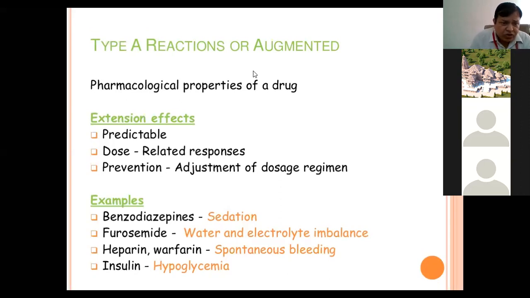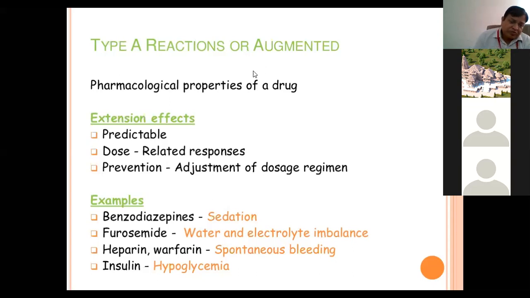Example, benzodiazepine causes sedation. Furosemide causes water and electrolyte imbalance. Furosemide is a diuretic drug and it increases the flow of urine, so it causes electrolyte imbalance. Similarly, heparin and warfarin are anticoagulant drugs and they cause bleeding.